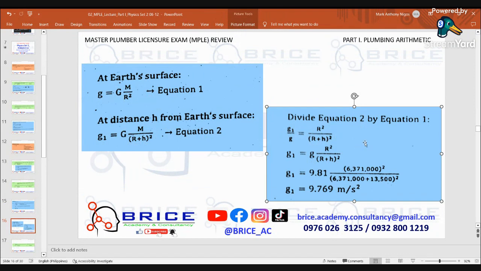G1 over g is equal to R squared over the quantity R plus h squared. So g1 is equal to g R squared over the quantity R plus h squared.